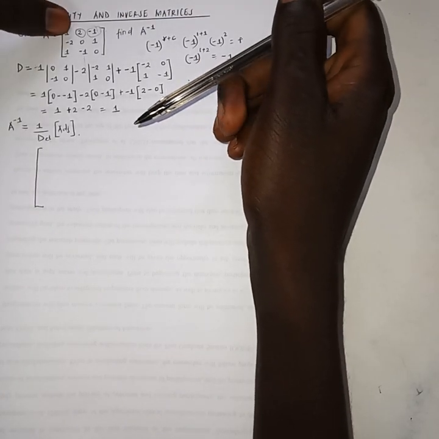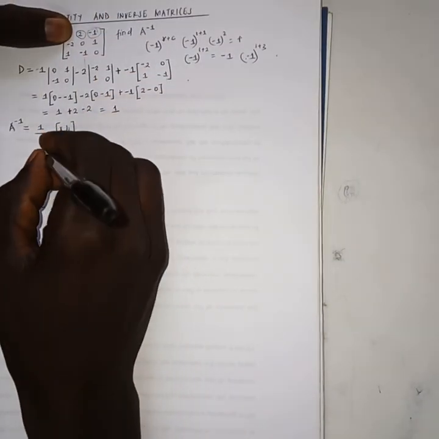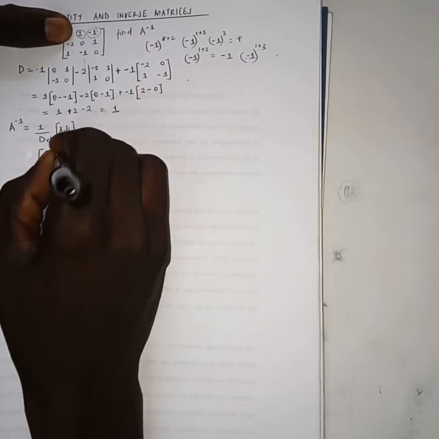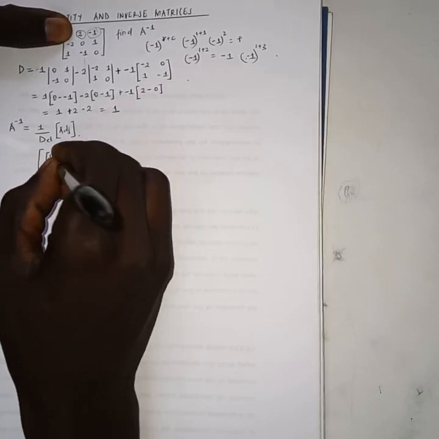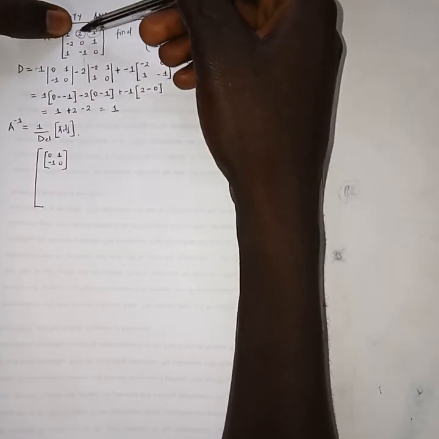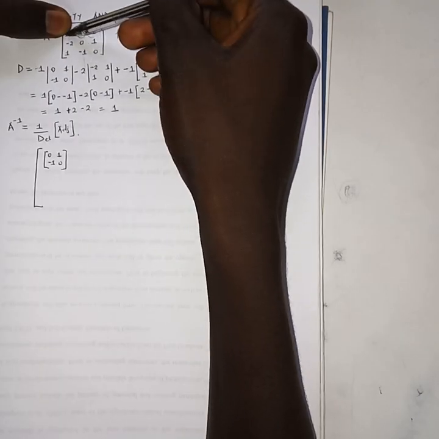So we are going to stand on row 1, column 1, and we are going to have the minor matrix on that position. That one will be 0, 1, negative 1, 0. If we stand on this point here, we're going to use the values that are not on row 1 and not on column 1.